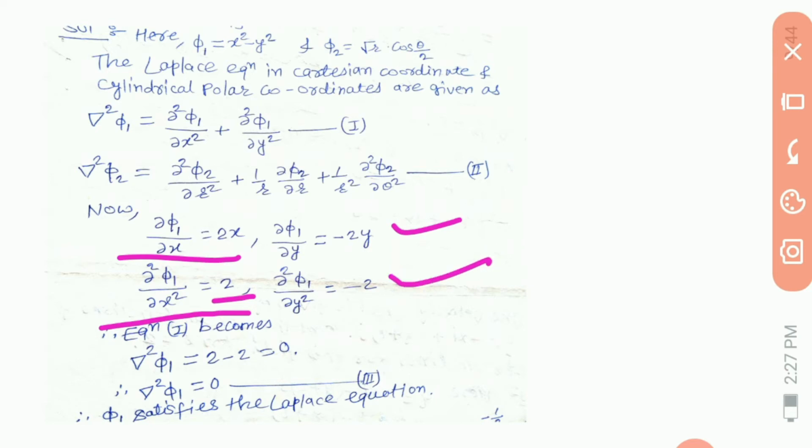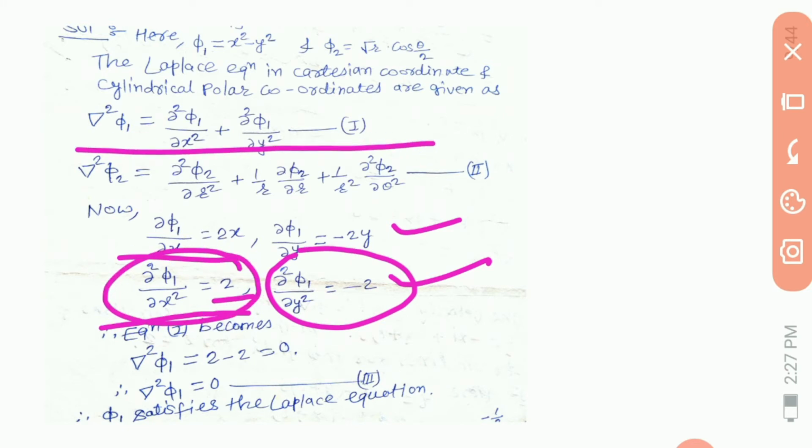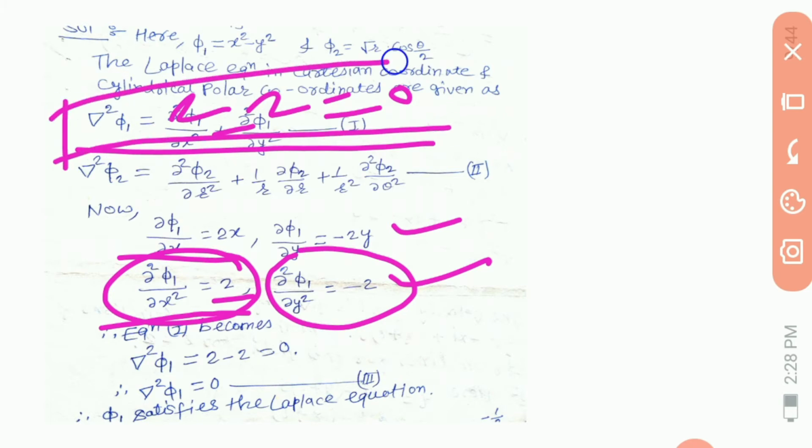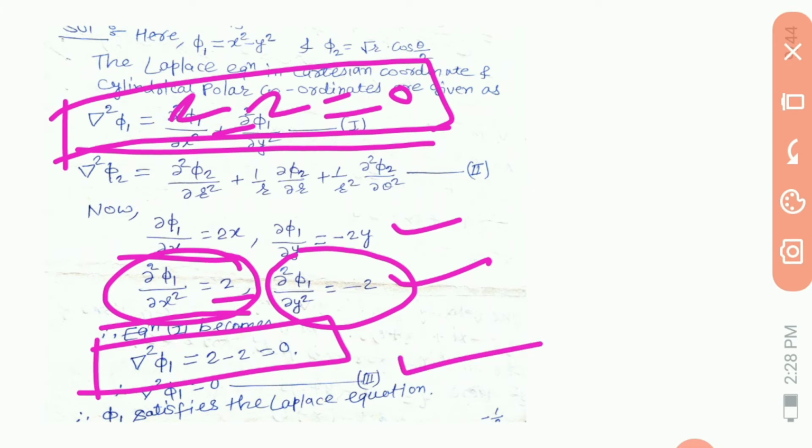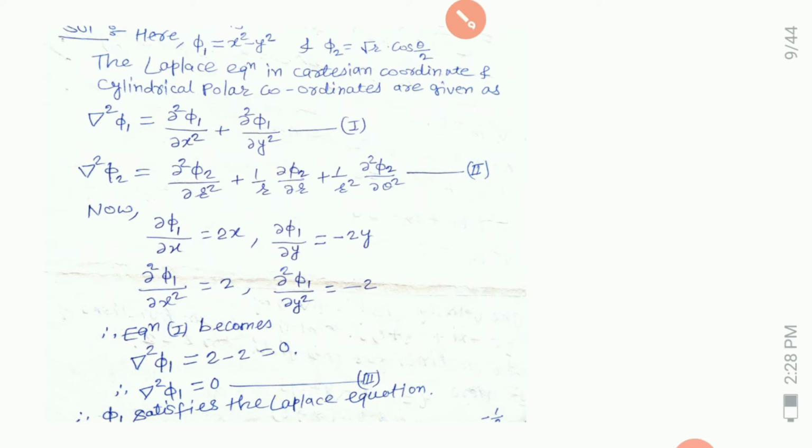So if we put these values in this equation, then what do we get? We get del square φ1 is equal to ∂²φ1/∂x², which is 2, plus ∂²φ1/∂y², which is −2. So this will be 0, and therefore del square φ1 is 0, and φ1 satisfies the Laplace equation.